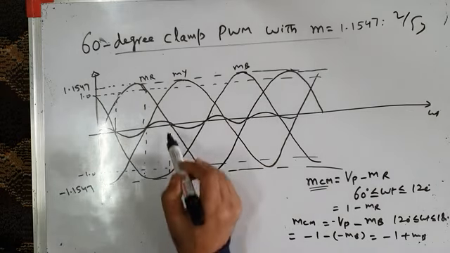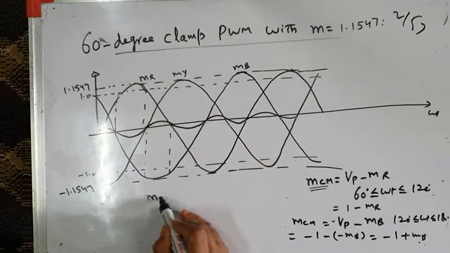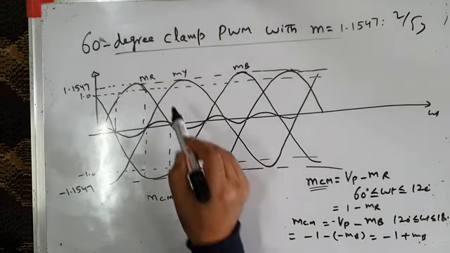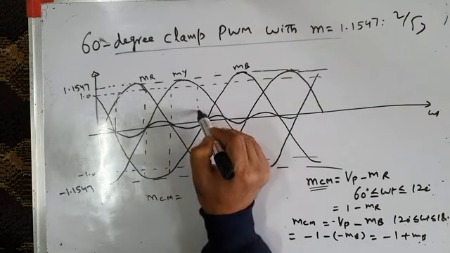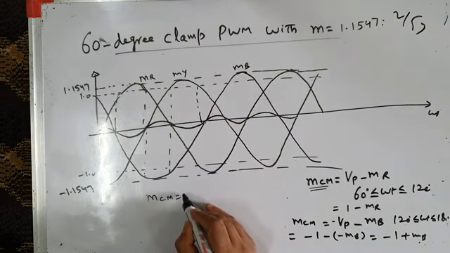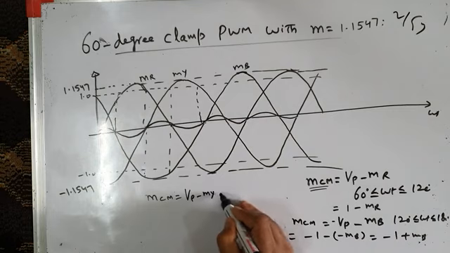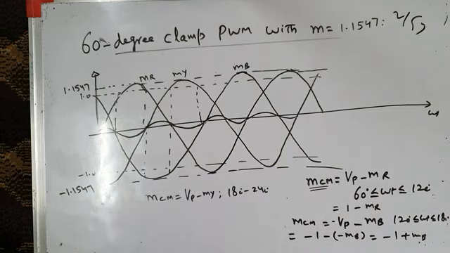After that, take the next 60 degree interval. Over this 60 degree interval, MCM is equal to the same Vp minus My, because in this 60 degree interval, My has its maximum positive value. So it is Vp minus My, from 180 degrees to 240 degrees.